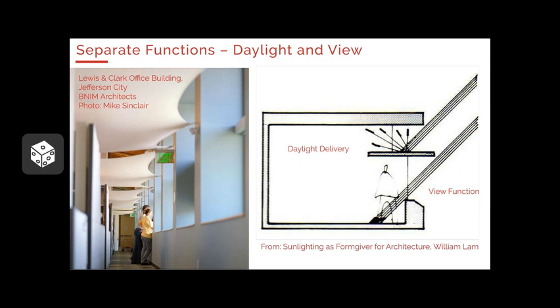Here's an example on the left, the Lewis and Clark office building by BNIM Architects, where they put in the corridors, the transition space next to the windows, mostly because they had more direct sun coming into that area, and they thought people walking around are fine with direct sun. But look at their light shelves, very, very creative. It doesn't necessarily have to be a hard surface. It could be a surface that is translucent or free form, like this type of fabric light shelf.